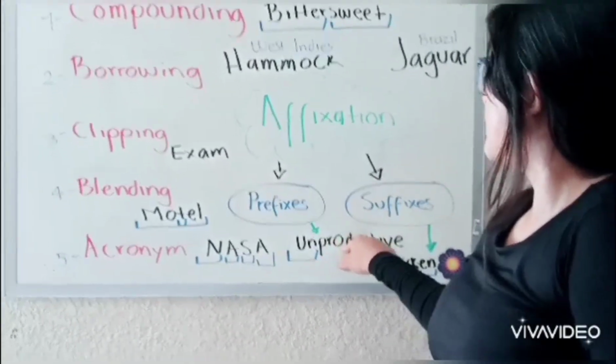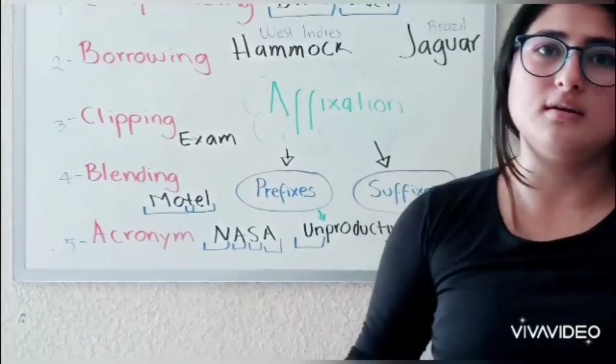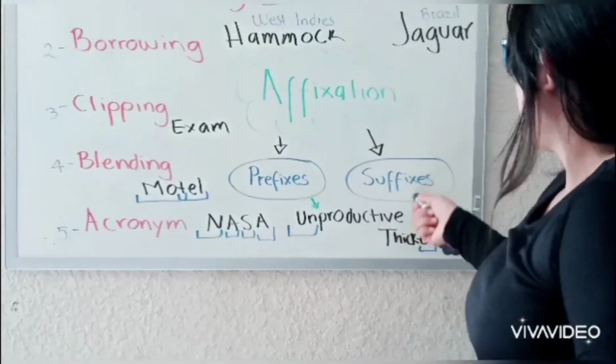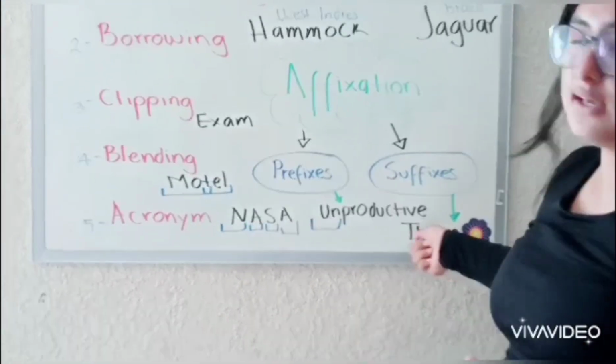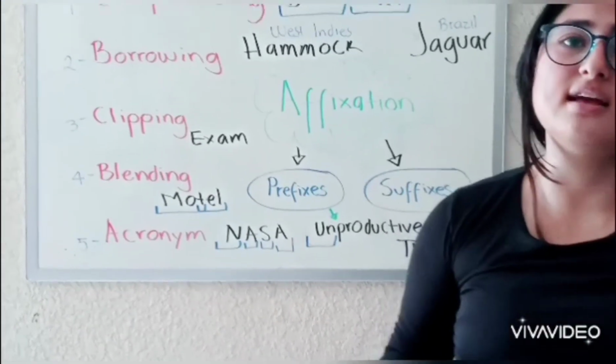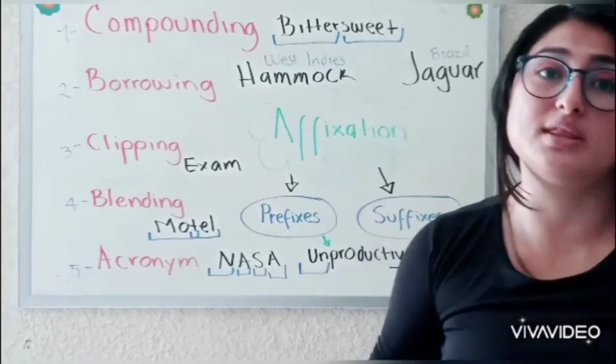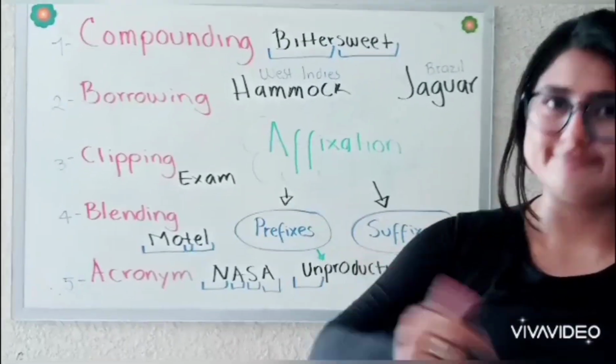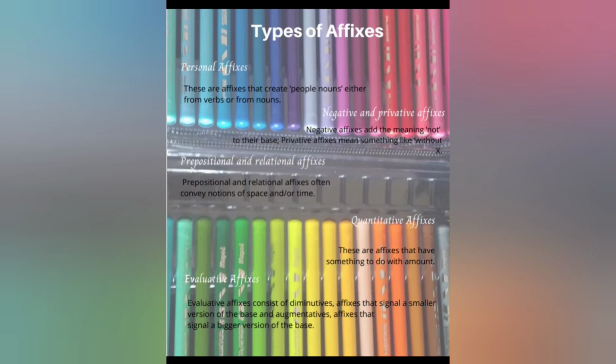For example, productive, we just add un, unproductive. And suffixes, thick, and we just add en, it turns to thicken, with a new meaning every word. Transpositional affixes. Transposition is defined as fully synonymous with word class change and syntactic category change. Well, related to this are the types of affixes.